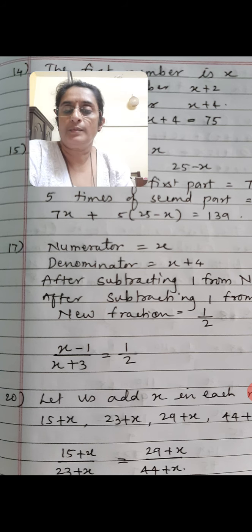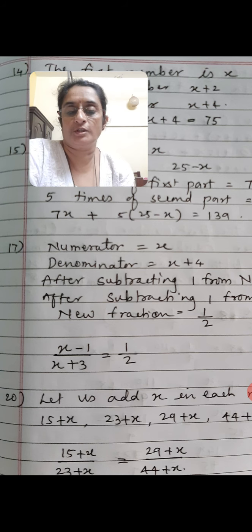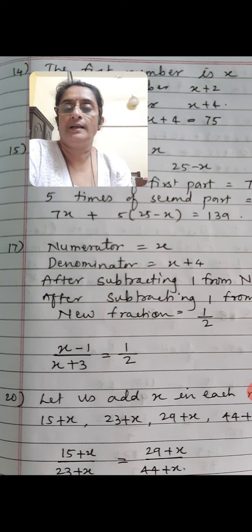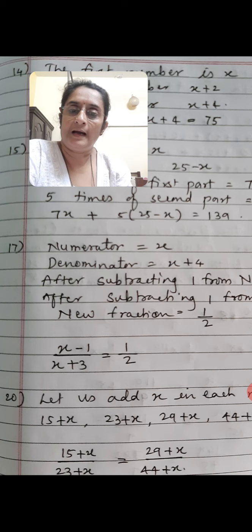Fine. Now what is told? There are four numbers, that is 15, 23, 29 and 44. In all these four numbers you have to add one number, any one number which gives you the proportion of these numbers. So we'll consider that we are going to add x in all these four numbers.